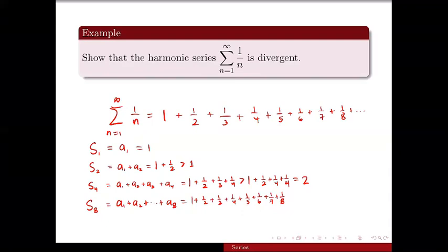So this guy here will be greater than 1 plus 1 half plus 1 fourth, 1 third plus 1 fourth, and then plus 1 over 8 plus 1 over 8 plus 1 over 8 plus 1 over 8.